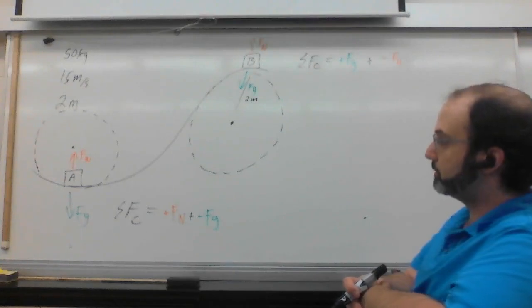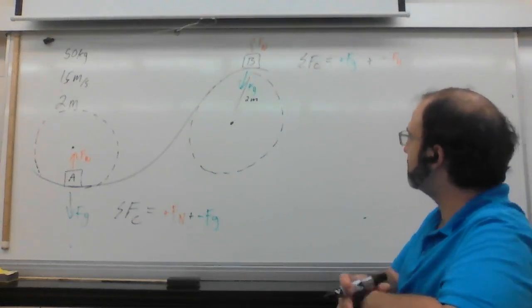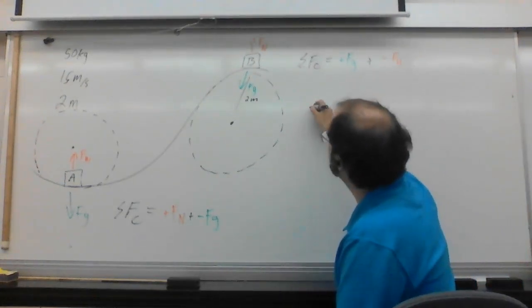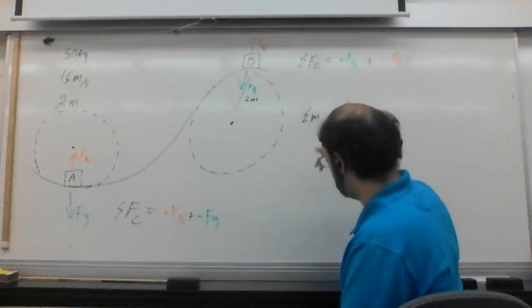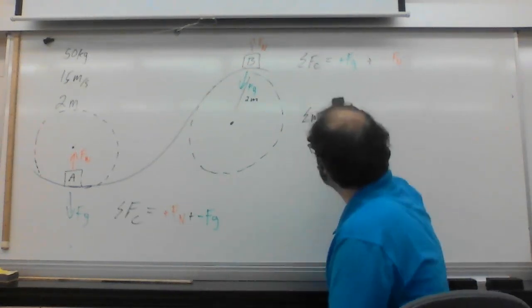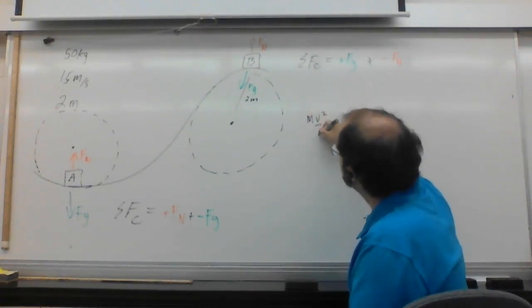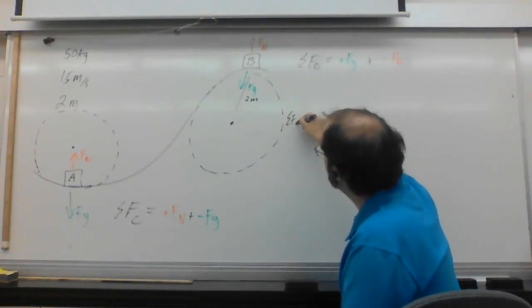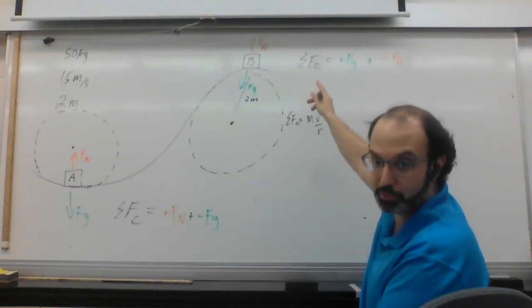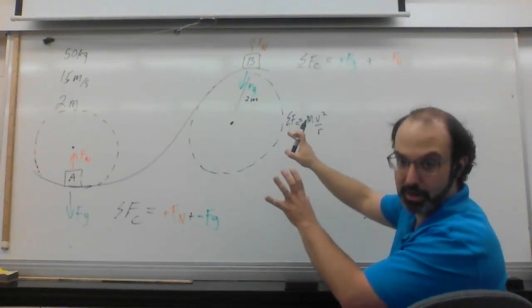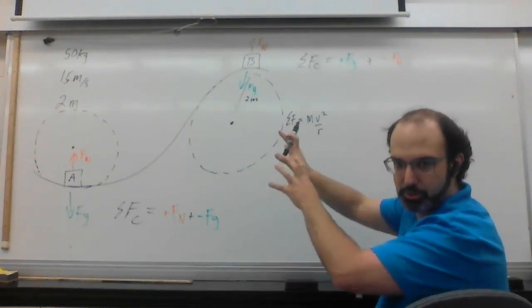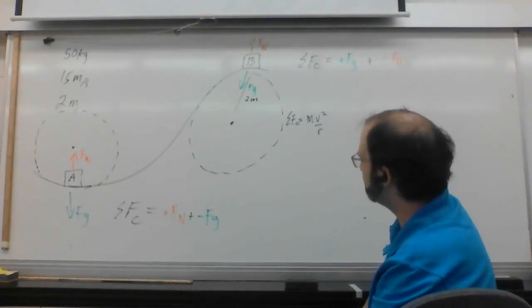The force centripetal keeping this object in a circle. Well, we know how to find that, right? The force centripetal in both cases, because they're the same size circle, is going to be mv squared over r. So that part doesn't change. Both of them have the same force centripetal because these circles are the same. Obviously, we could have had a track where the two circles were different, but in this case, we don't.